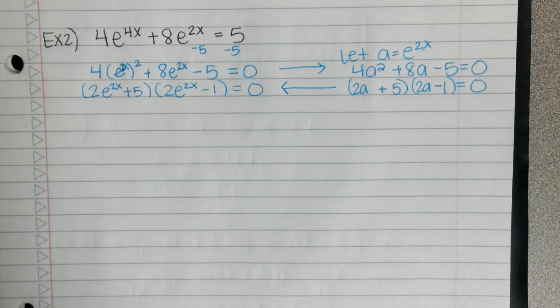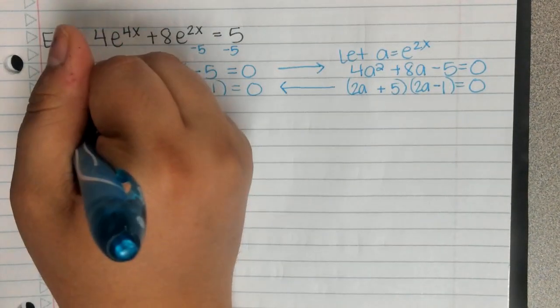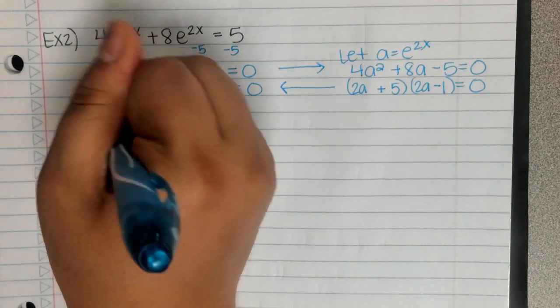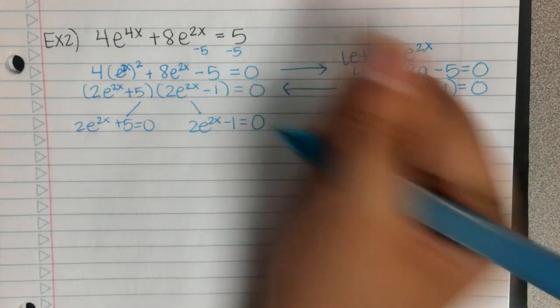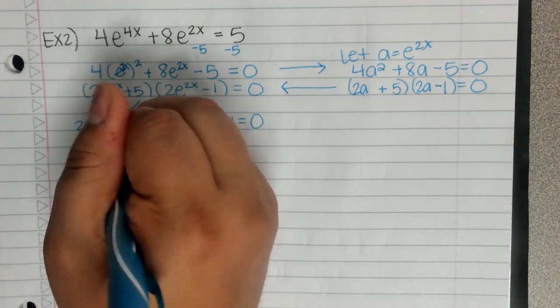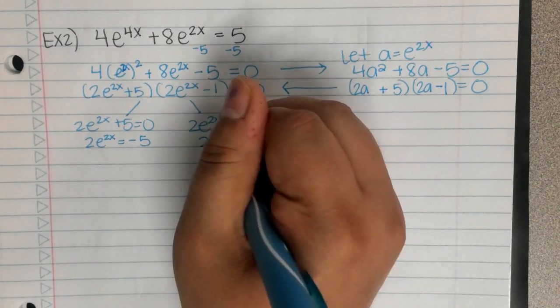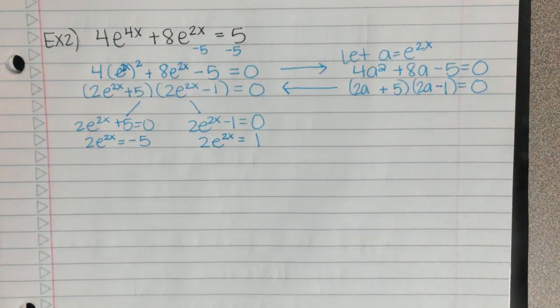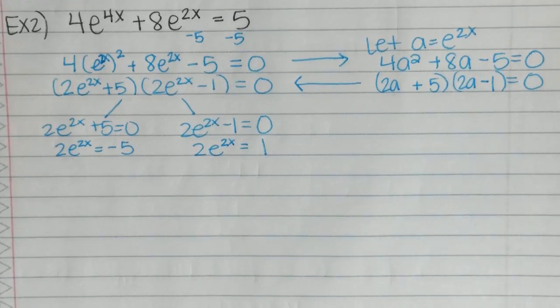So we're going to get to that in just a second. Yep. So what do I got to do now? Split it. Solve it. So I'm going to do e to the 2x plus 5 equals 0. And 2e to the 2x minus 1 equals 0. Are y'all okay with me doing that?